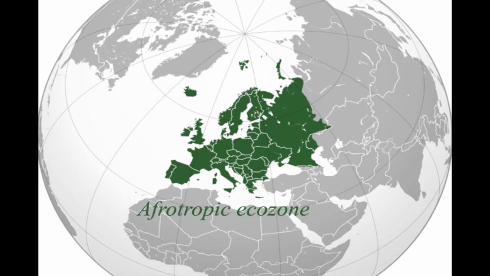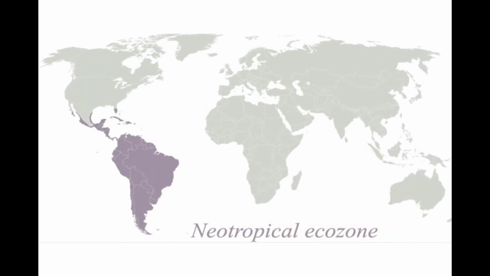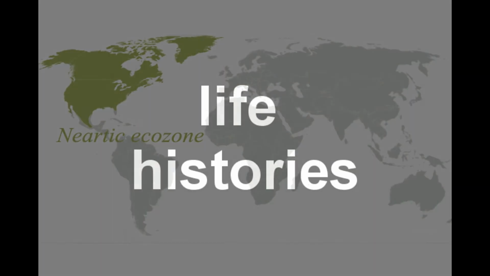The population distribution of Cotesia glomerata can be considered quite wide. This is because Cotesia glomerata can be found in the Afrotropical ecozone, Australasian ecozone, Neotropical ecozone, and last but not least, the Nearctic ecozone.